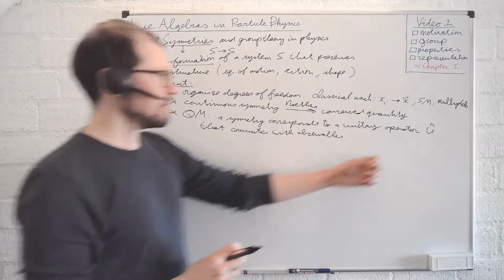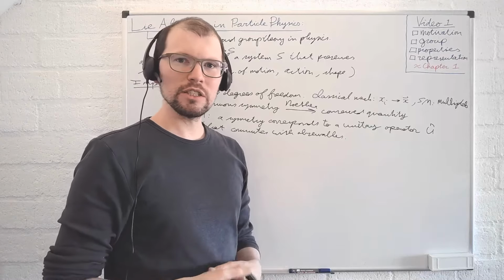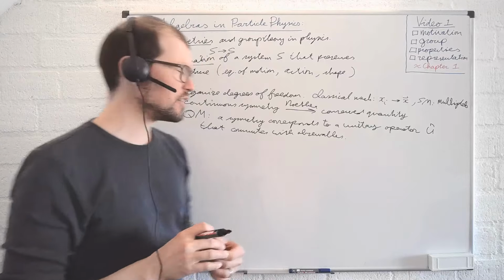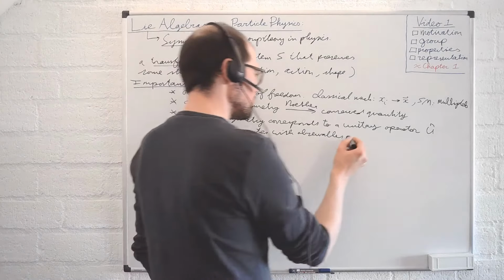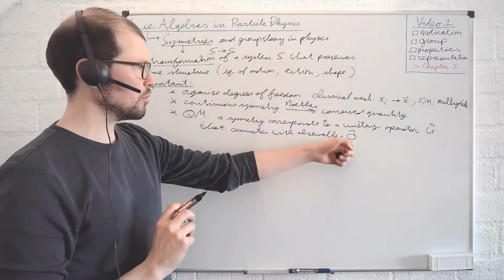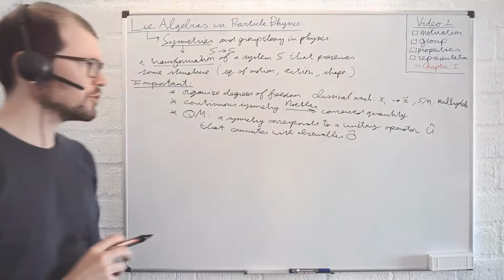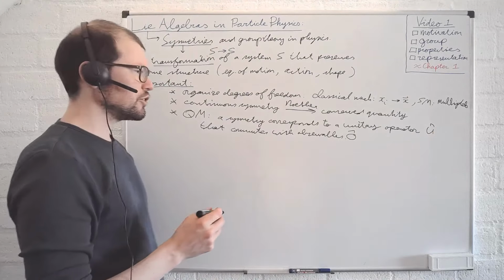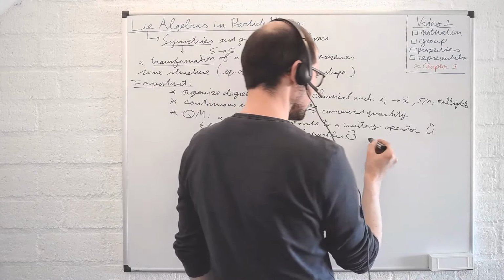And whenever you have operators that commute, you can do all kind of fancy things like simultaneous diagonalization. And we'll actually see that if you have an observable operator O, so some Hermitian operator that commutes with the symmetry operators, that there are very stringent restrictions in the matrix elements of this operator.